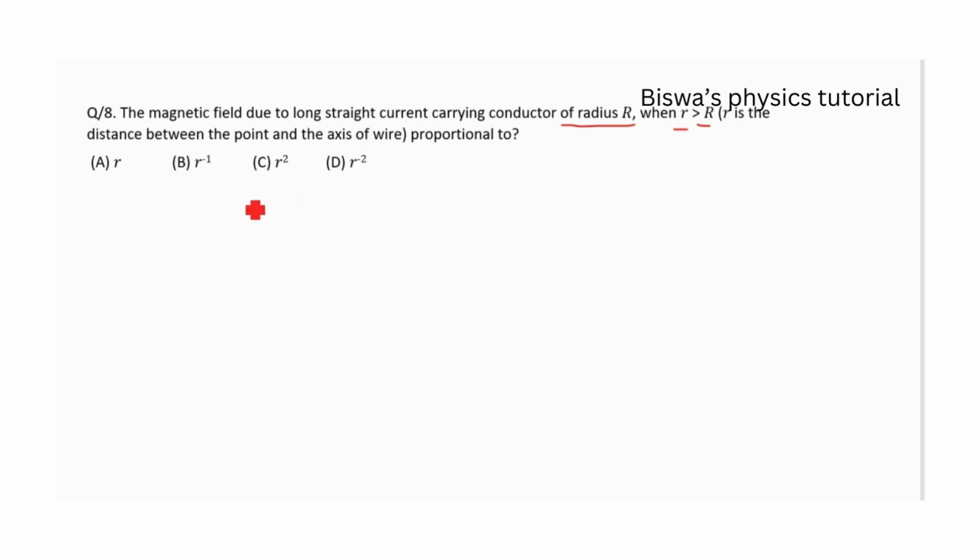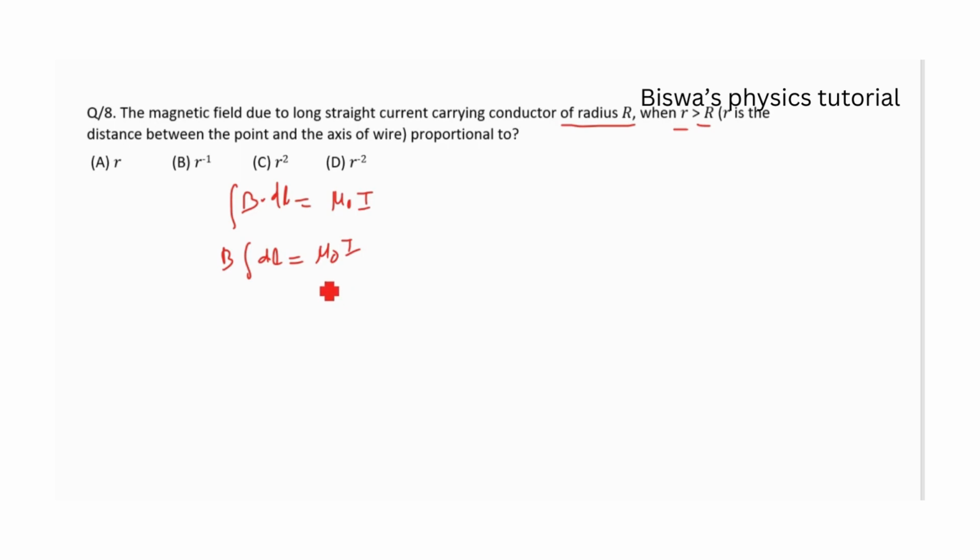Its formula is the closed integral of B dot dl equals mu 0 I, where I is the current flowing through the wire. Now B is constant, so take it outside.